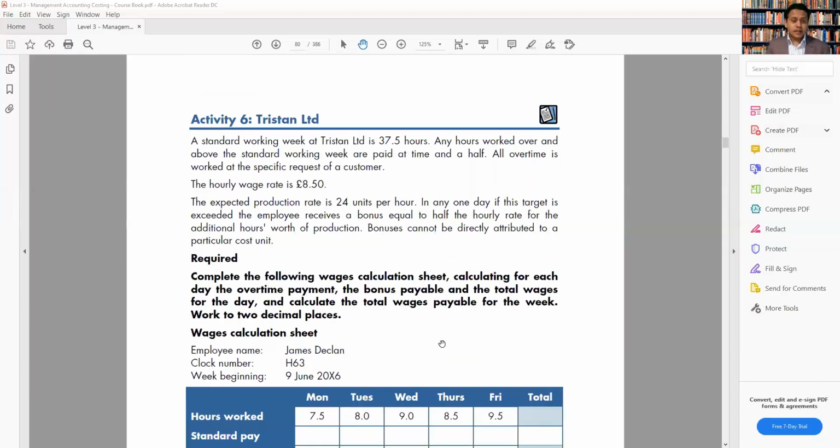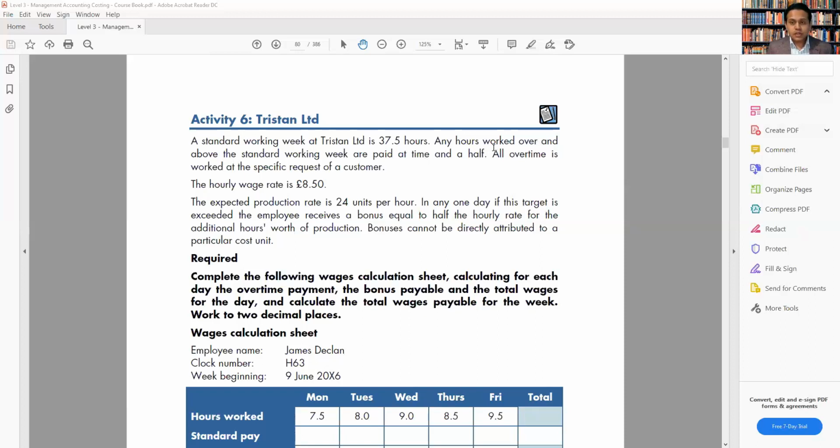The next question, we have activity 6. Let's have a look at this activity. It says: T Limited. A standard working week at T Limited is 37.5 hours. So every week one employee should work 37.5 hours.